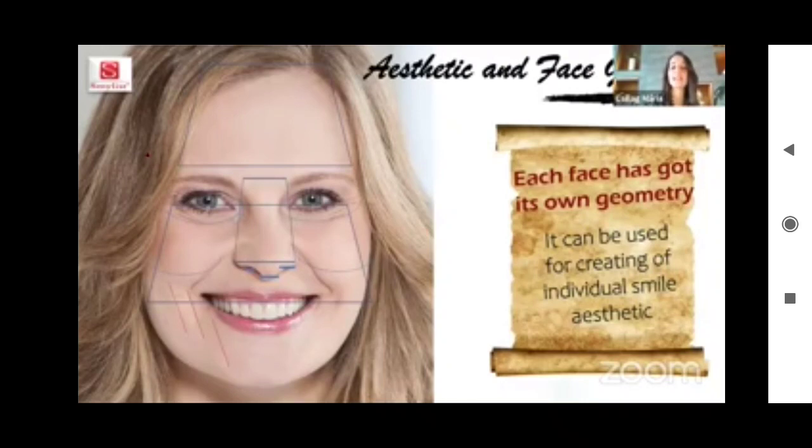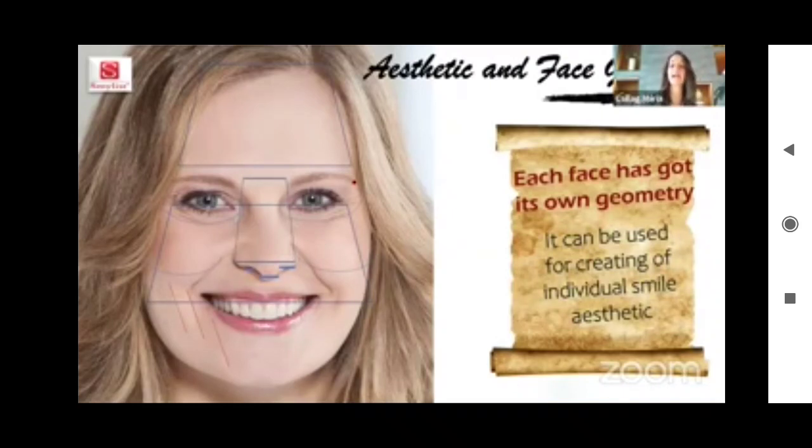If you look at this face, you can see it as a geometrical collection of anatomical structures. For example, the nose is a triangle or trapezoid. The upper lip is a butterfly. The lower lip is an upward curve. The cheekbone is really oval. The forehead is a trapezoid, and the whole face is a trapezoid.